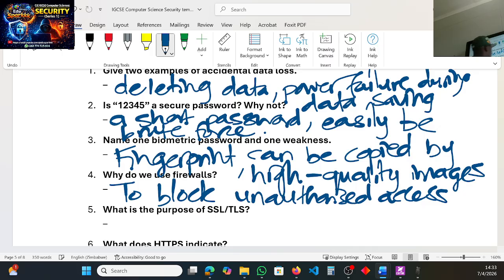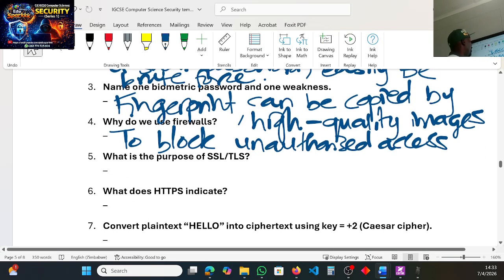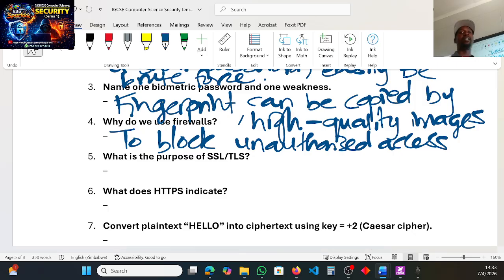Because it's more like a border point with a list of IP addresses that are allowed to get into the network or to leave the network. So a firewall is a border point which regulates which traffic is permitted and which is not.